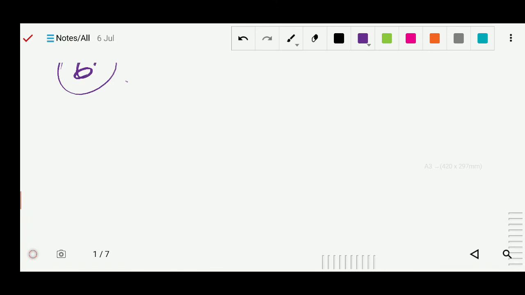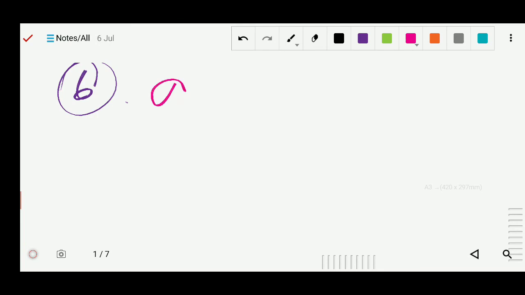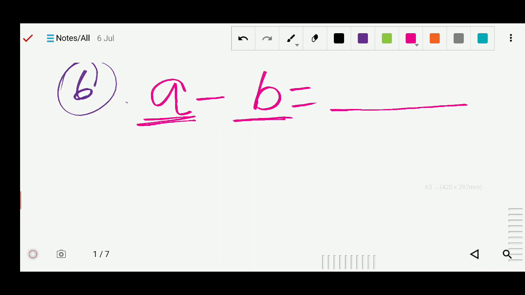First try to understand two numbers. When we subtract, there are two numbers. Suppose A is one number and another number is B, and we will get some answer. Suppose the first number is A, the second number is B. When we subtract, we will get the answer. In this, the difference of the two numbers is given, means after subtracting, what number will come, that is given.